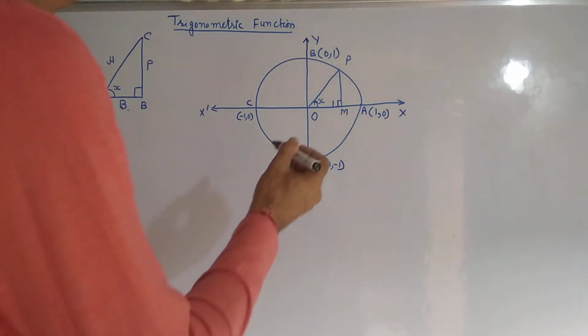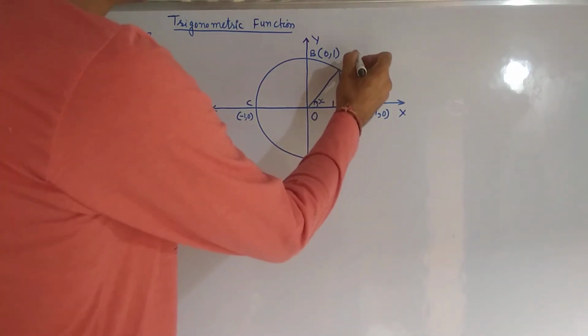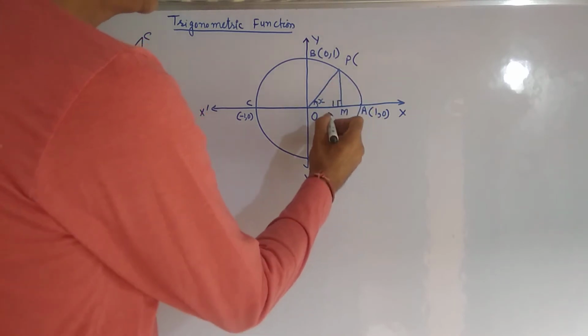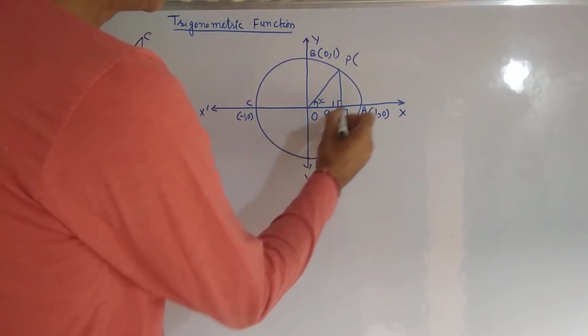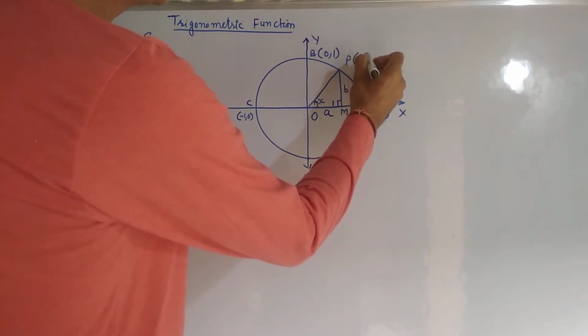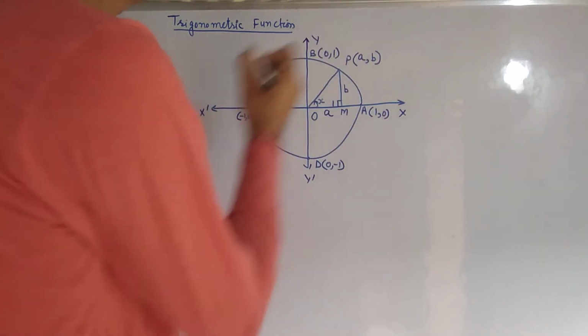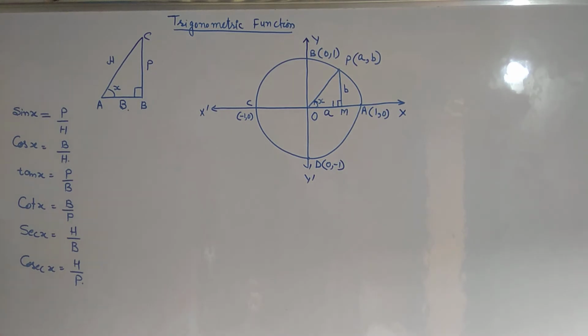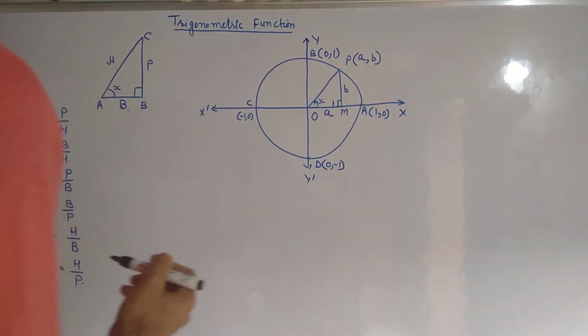Now see what are the coordinates of point P. Let OM be A and PM be B. So the coordinates of P are A, B. Now from the right angle triangle we will write A in terms of x.